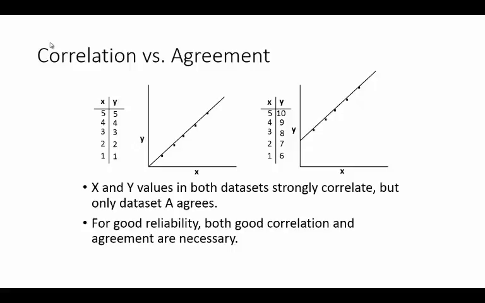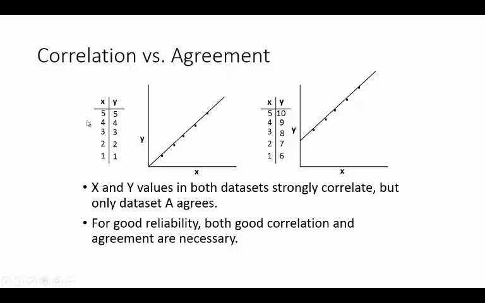Or I can say, as we age, our muscle mass is going to decrease. So one increases, the other one decreases. So either positive or negative correlation. When two variables are correlated, it doesn't mean that you have the same value. They're just correlating. But if the two variables are in agreement, then they are very close to each other.